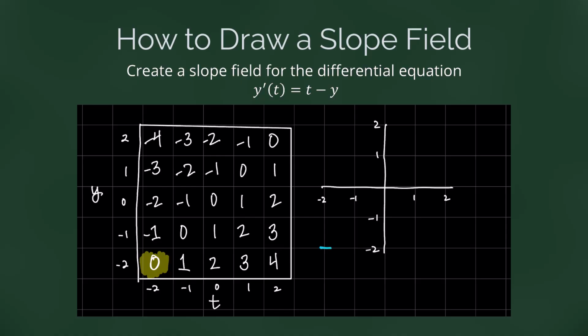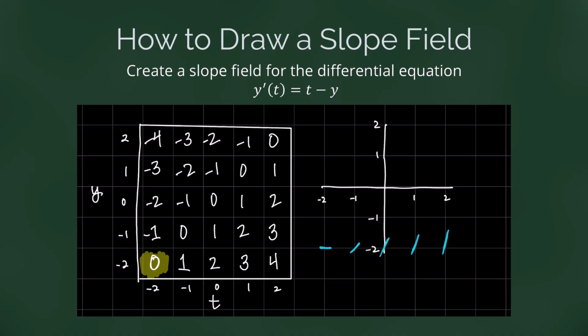When I move over to -1, -2, I'm going to have a segment with slope 1. When I get to the point 0, -2, I'm going to draw a slightly steeper segment with slope 2. Moving over one more, my segment gets even steeper. And then last, I draw a very steep segment with slope of 4.